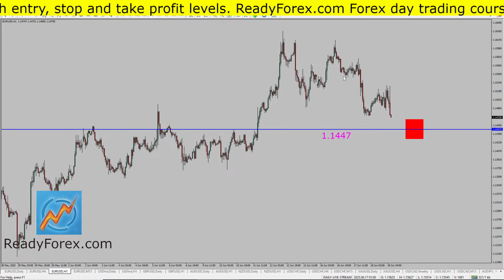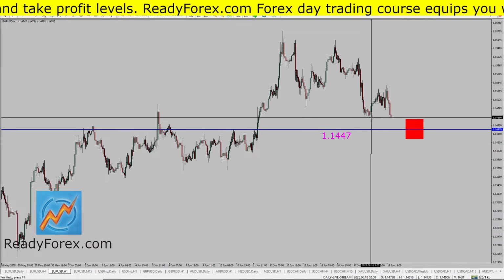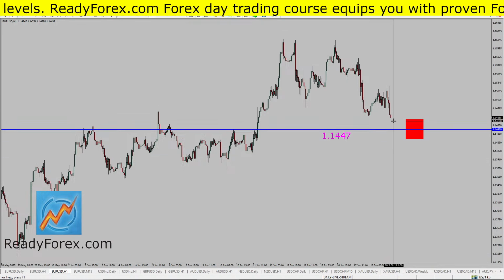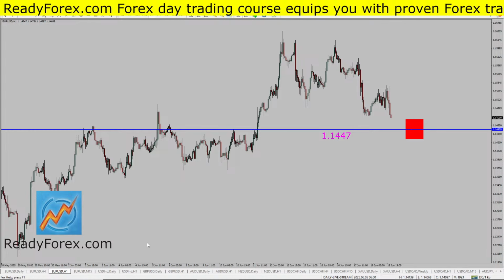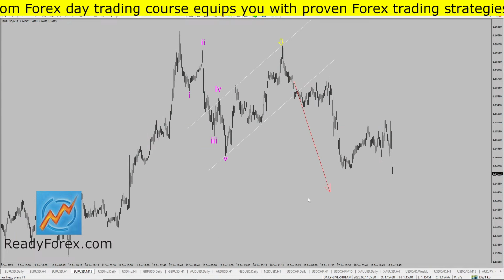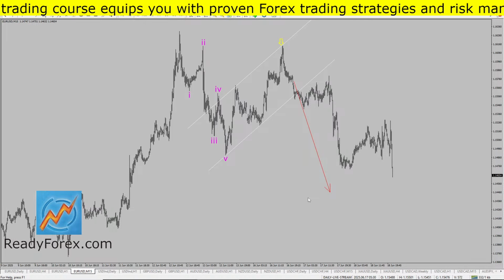It seems to me we got this as wave 1, 2, 3, 4, and probably wave 5 to the downside. This is what I told you guys in yesterday's session, that euro dollar is most likely going to drop further.